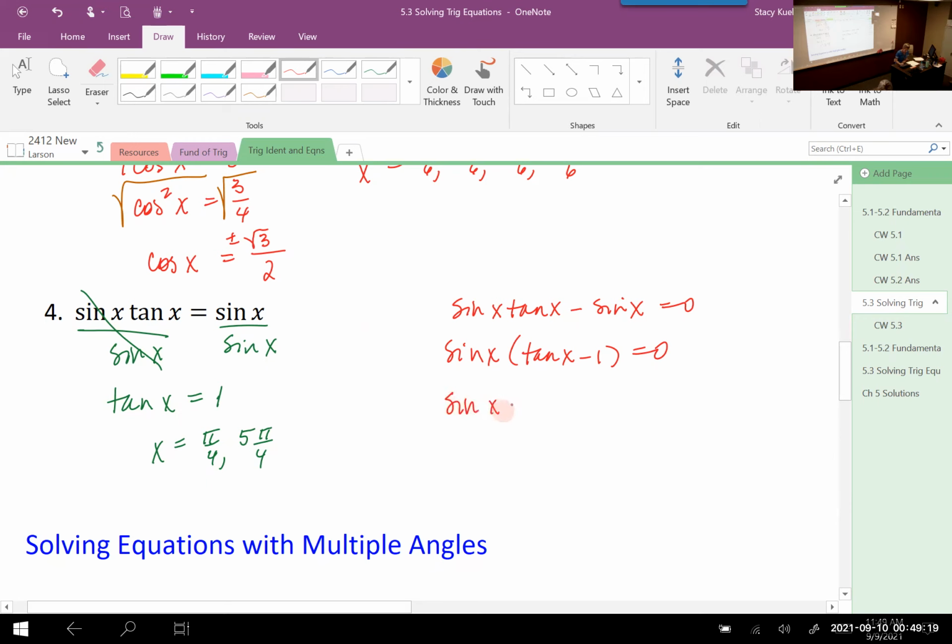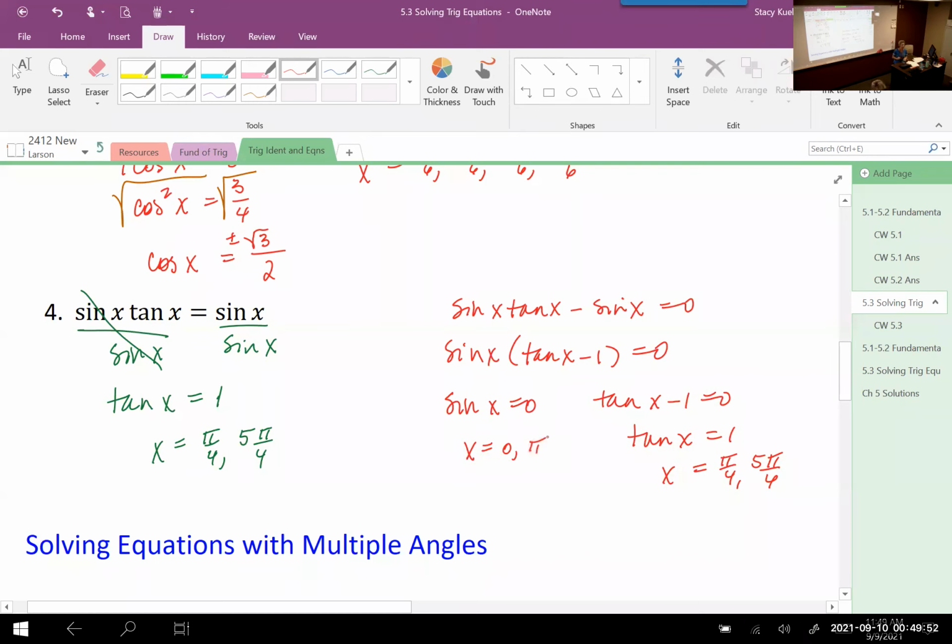So now I have these factors that are set equal to 0. I would set each equation equal to 0. We already know what happens for tan x equal to 1. That gives me pi over 4 and 5 pi over 4, because we said that already. What angle, when I take the sine of it, do I get 0? It would be 0, and then pi.